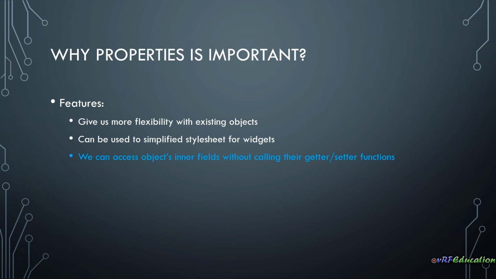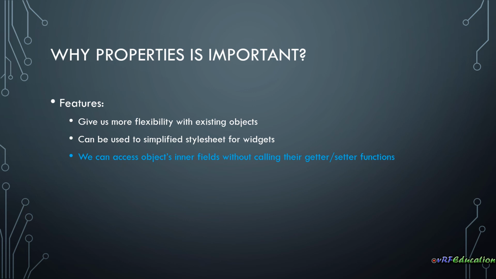As you can see in this slide, I listed 3 most important features of properties. First of all, properties give us more flexibility in using existing objects. If we need some piece of information that wouldn't save in object fields, we can use properties to save those values. Second important feature of properties will show up when you want to use CSS for styling your widgets.